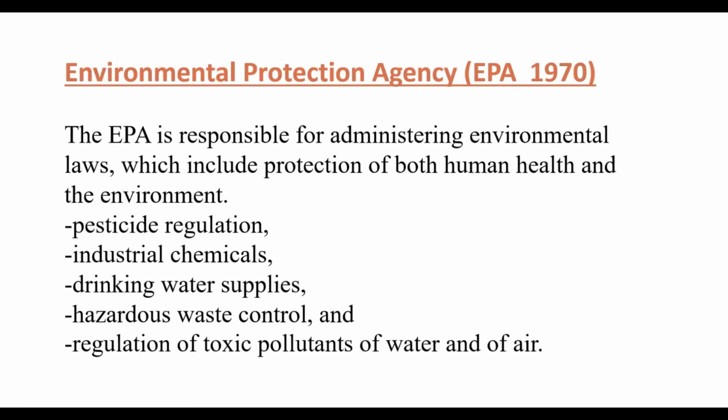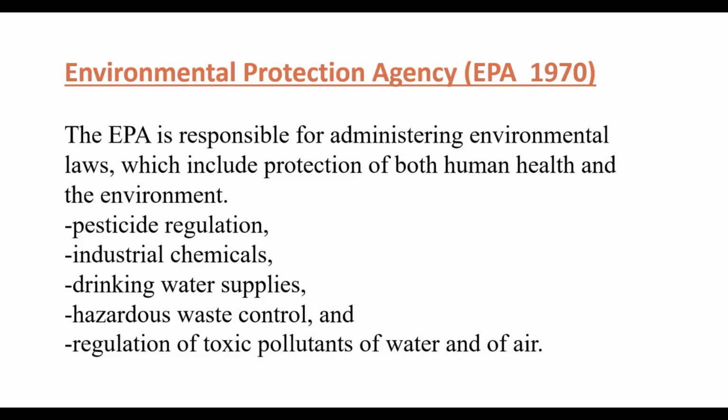The Environmental Protection Agency regulates the pesticides, although many people, CRO people, know that. But this EPA also regulates industrial chemicals, drinking water supplies, hazardous waste control, and toxic pollutants of water and air.